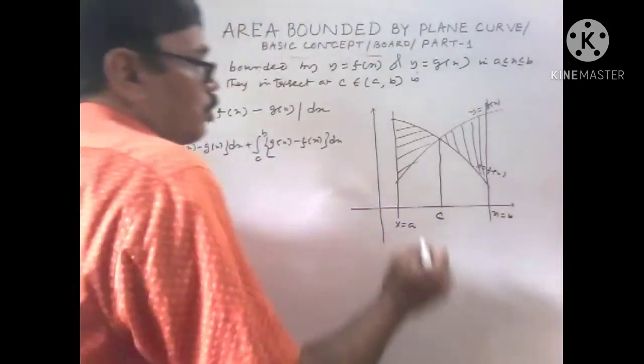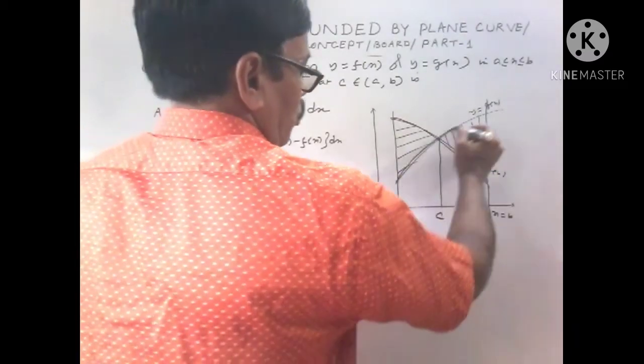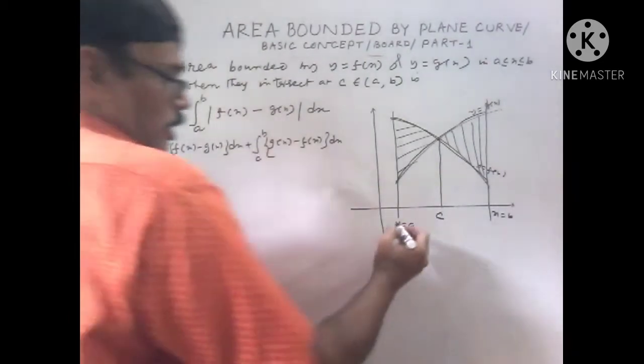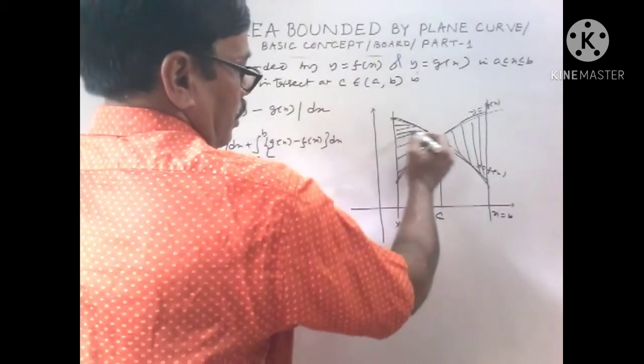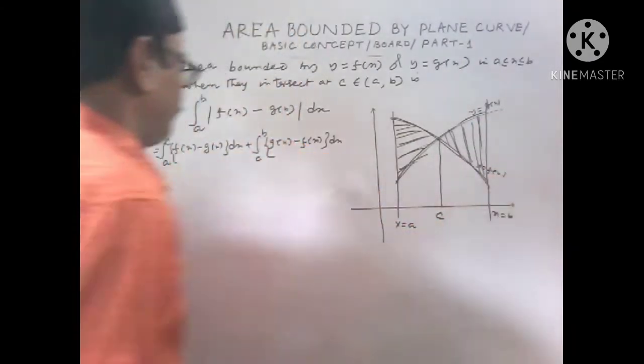So y equals f(x), this is curve 1, and this is y equals g(x), curve 2. This is x equals a. We are getting this part and we are getting the second part.